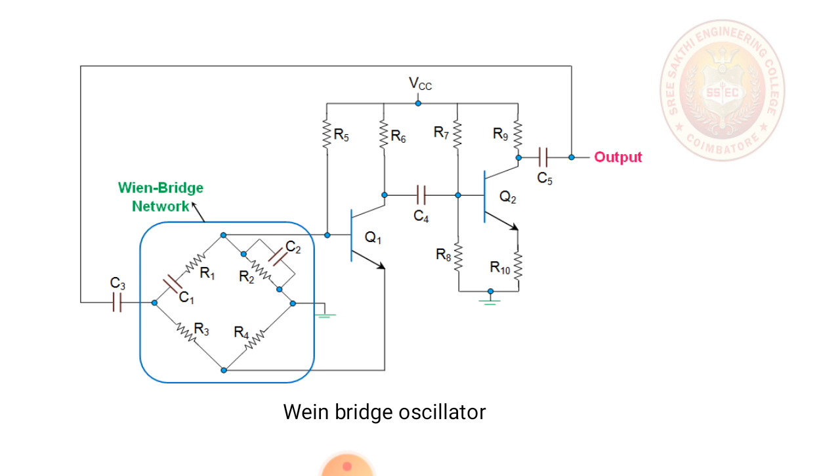In that case, output voltage V0 will remain at 0 only, as the capacitor C1 acts as an open circuit. This kind of behavior is exhibited by the Wien bridge network, which makes it a lead lag circuit in case of low and high frequencies respectively.